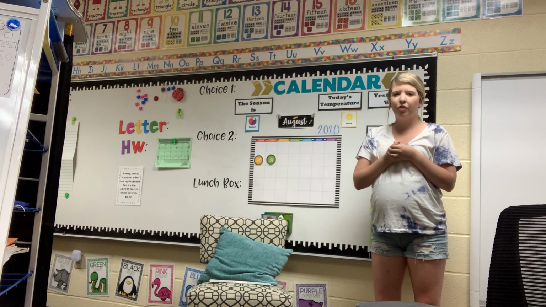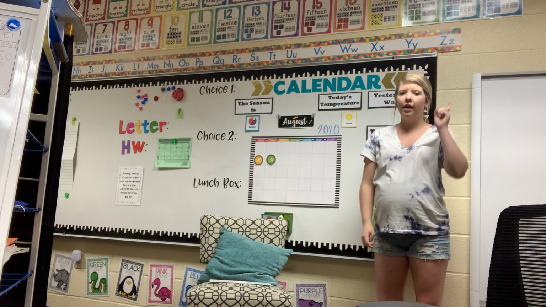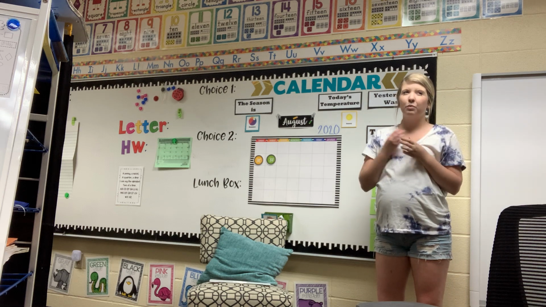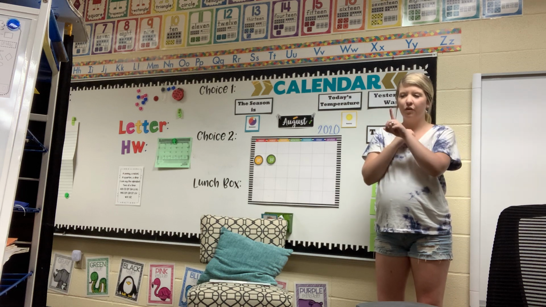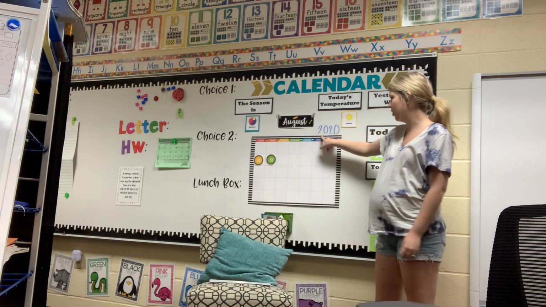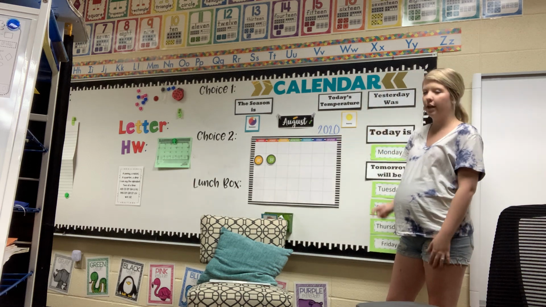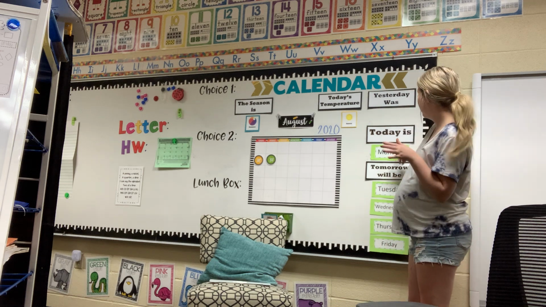And to make the number 31, you have to have a 3 and you have to have a 1. And guess which number comes first? The 3 is going to come first and then the 1. So today is August 31st, 2020. Good.